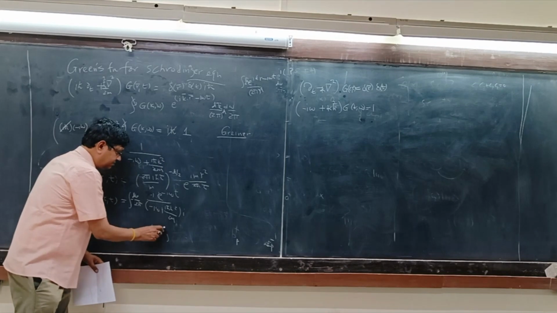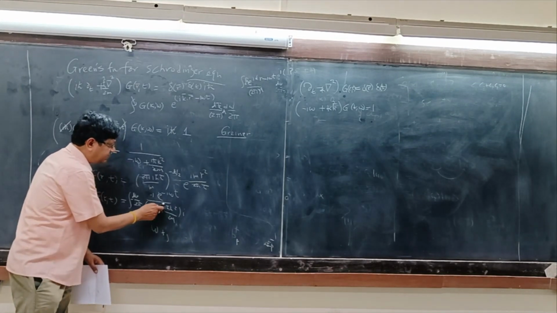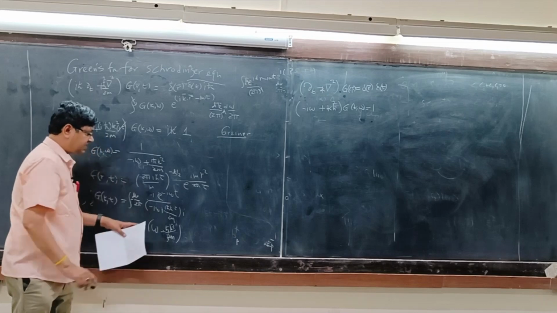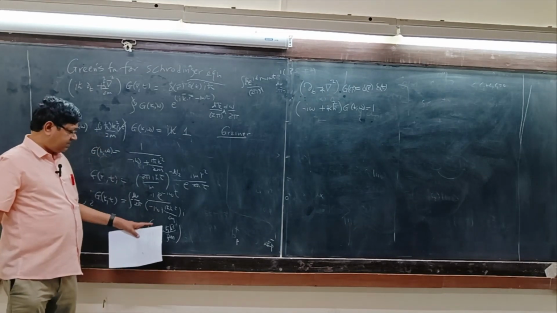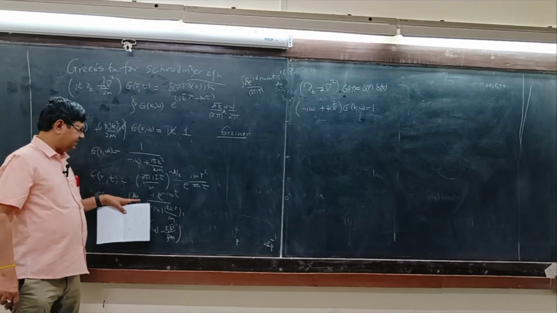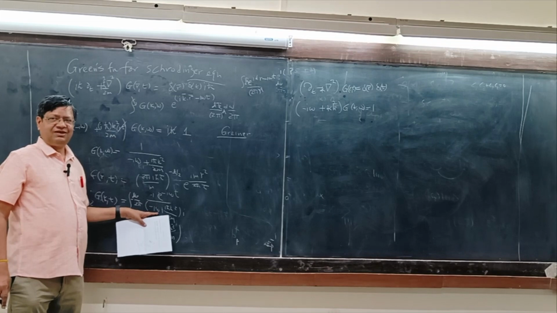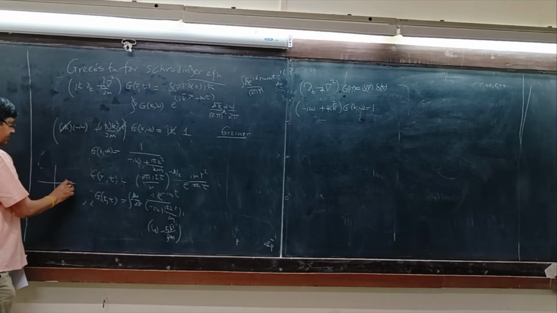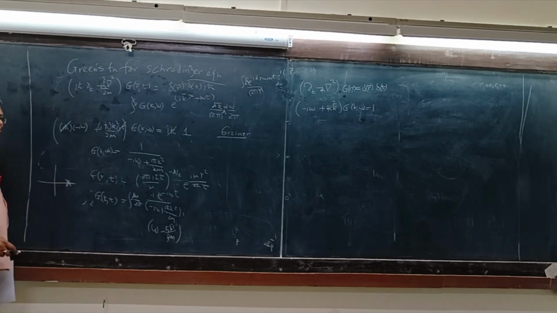I squared is minus 1, so this i times i will be minus h bar k squared by 2m, so the denominator becomes that. My variable is omega, so I should have omega there. The pole is sitting on the same line as the line of integration. So what should I do?